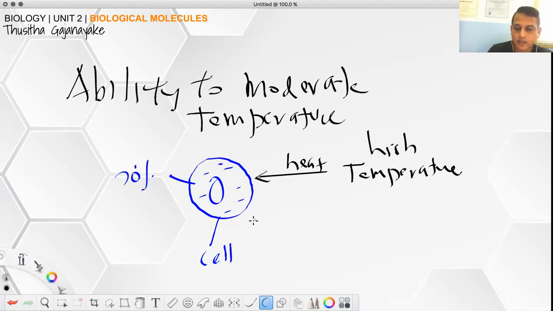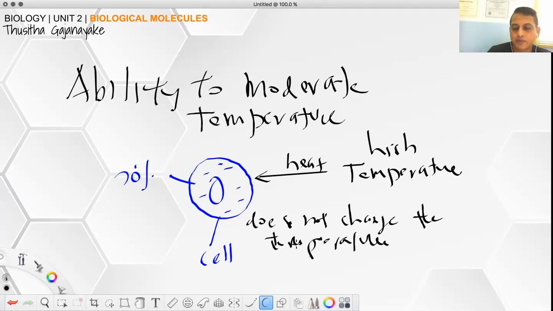So then it does not change the temperature. I mean, if a cell is exposed to a 100-degree temperature, then it can't hold.